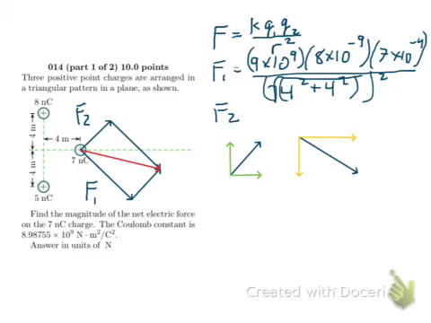I do the same with F1, and then I could take my horizontal components and add them together. I could take my vertical components and add them together, vector add, one up, one down, and the resulting vector is going to be the sum of those two using the Pythagorean theorem, and that would give me my final result.